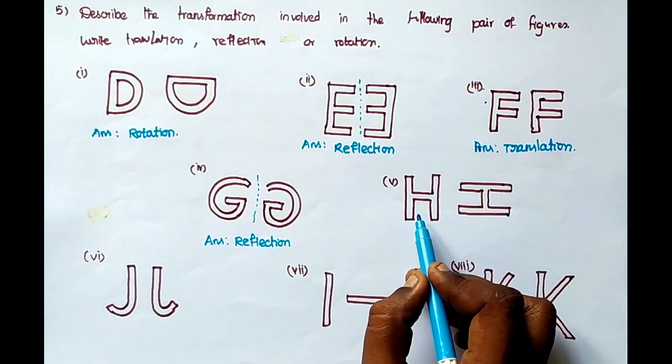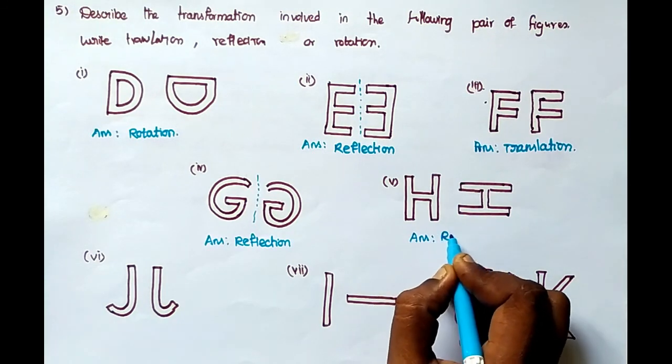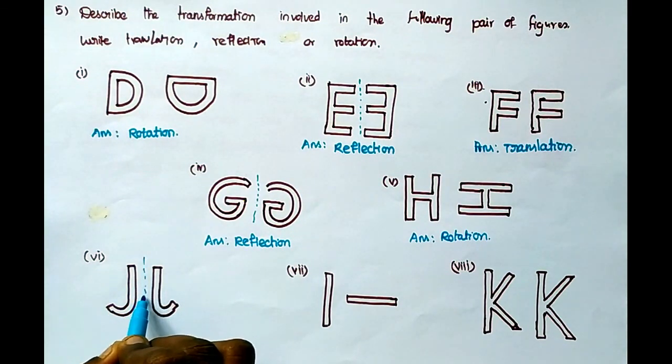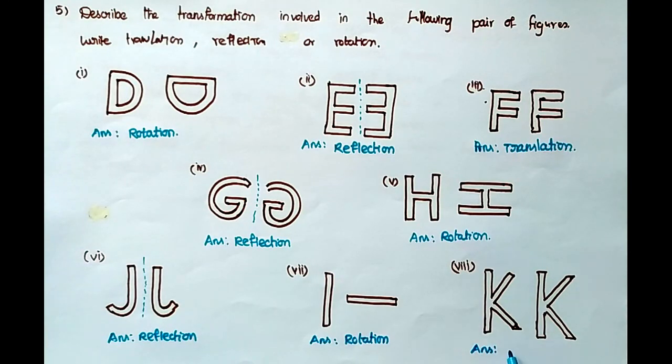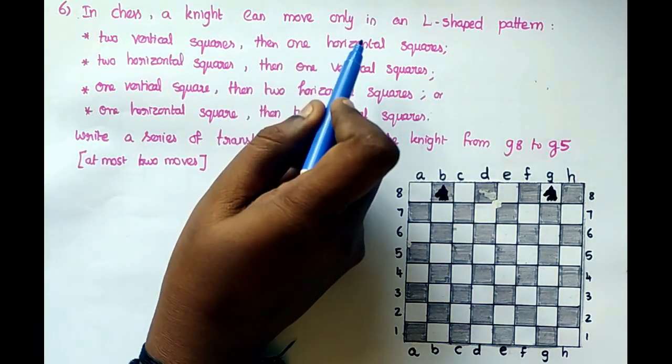Next, H is rotated, so it is rotation. Next one, it is also reflection. Next, it is rotation. Next, K is move some distance, so it is translation. That is the answer.